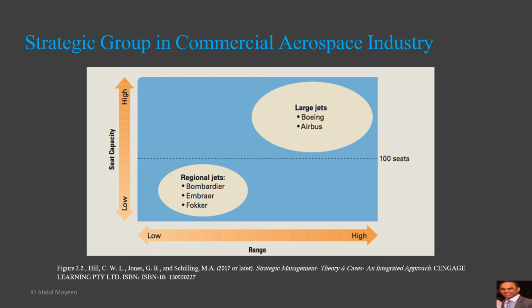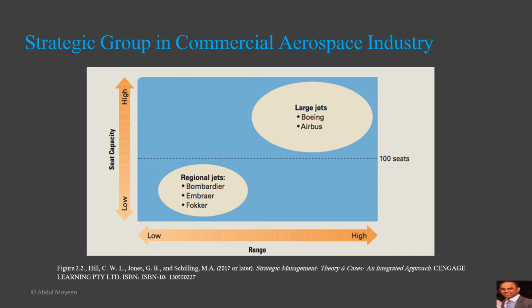But remember that some strategic groups are more desirable than others. Here, maybe the Boeing and Airbus strategic group, that is, larger jets, could be a more desirable option for making profit, and regional jet companies like Bombardier, Embraer and Fokker may aspire to move into that strategic group.